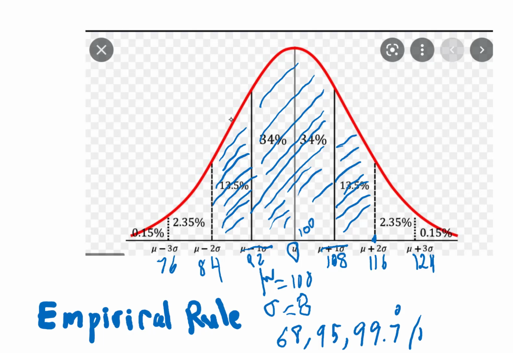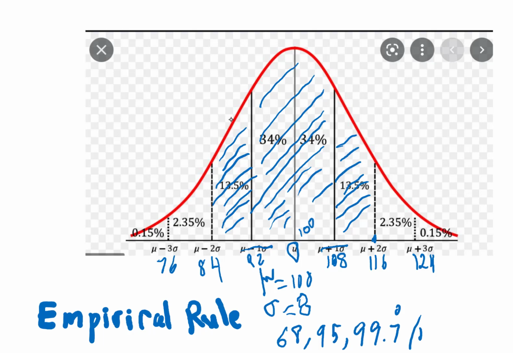Now you probably ask me, well, we should have 100% of the data values. What happens to the remaining percentage, which is very small, 0.3%? These are the outliers, the extreme values that don't belong there. So they will be way, way toward the right or way, way toward the left.